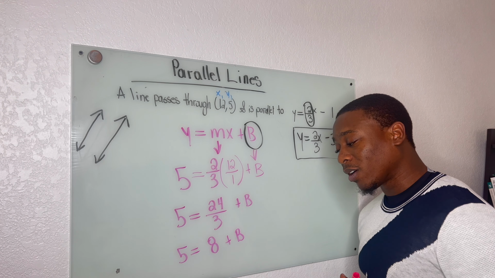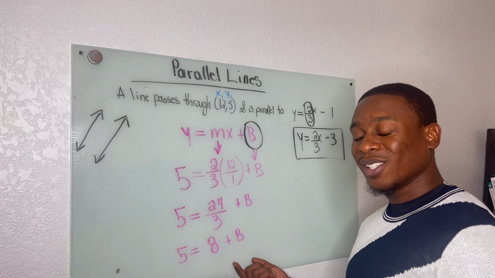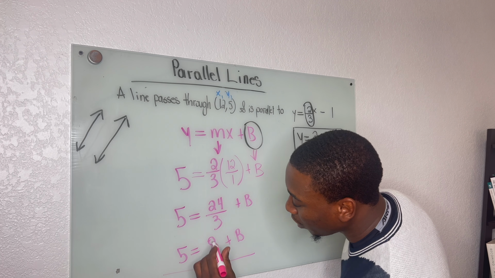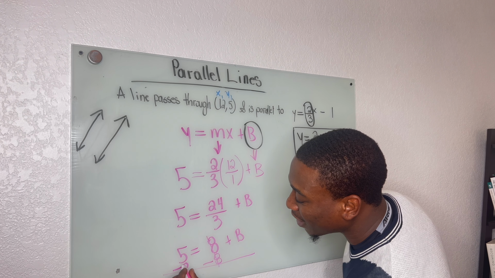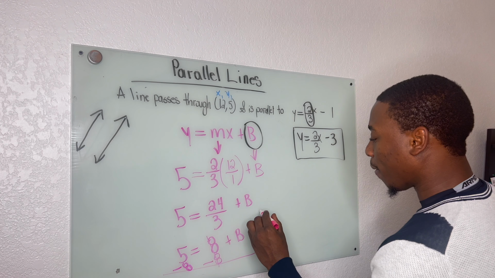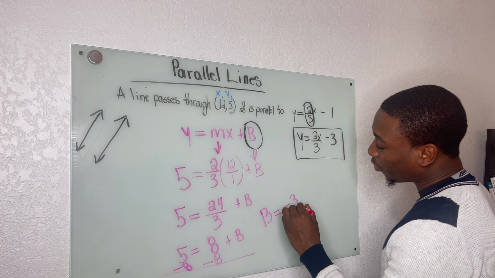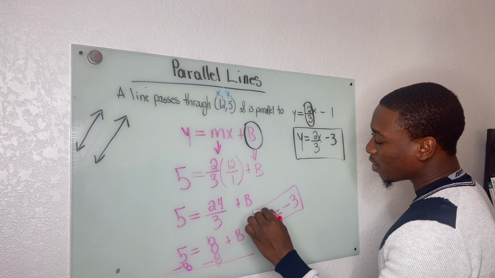And now for us to figure out what b is, we are going to combine our like terms. And for those of you that are good with integers, after I subtract, you're probably going to notice that we get b is equal to -3. So what does that mean, Mr. Peters?